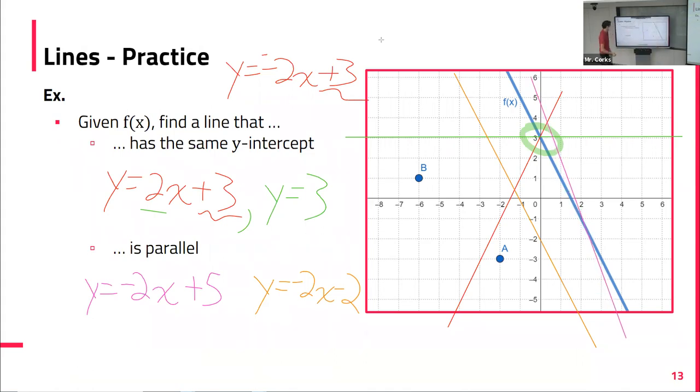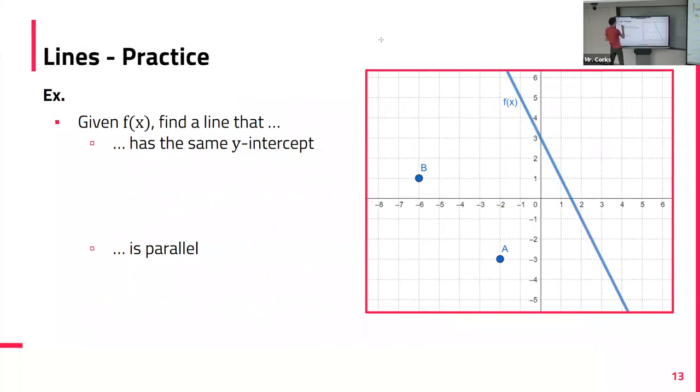Okay, it's not perfectly lined up, but close. So they'll be parallel. We can see that they do look parallel, but they have different intercepts. So we're just sort of sliding it up or sliding it down along our graph. Okay, so those are some simpler ways to change a line around.